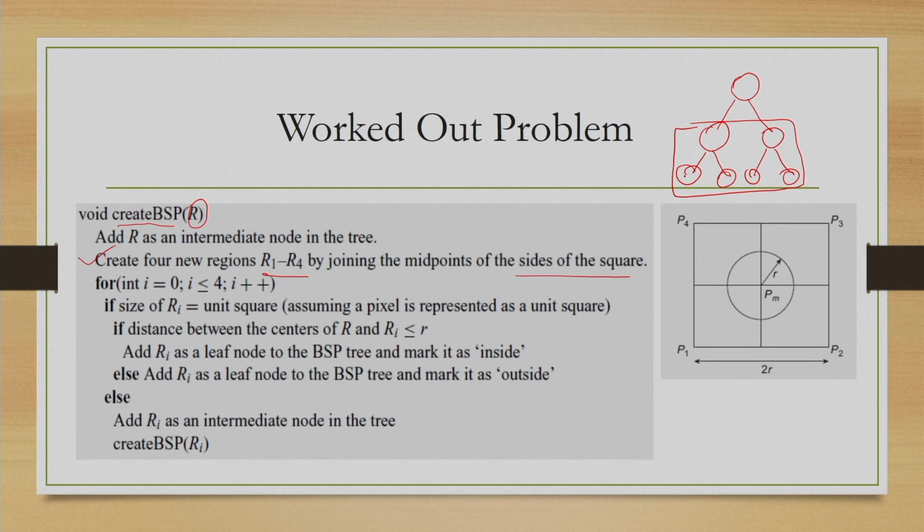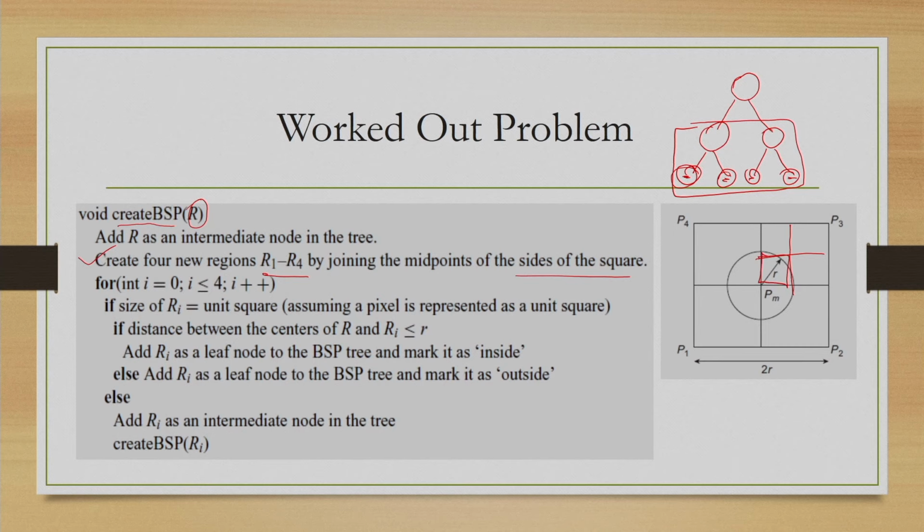Now, for each of these subregions here at this leaf node of this figure, suppose this region is divided into 4 subregions. So, we are considering this.